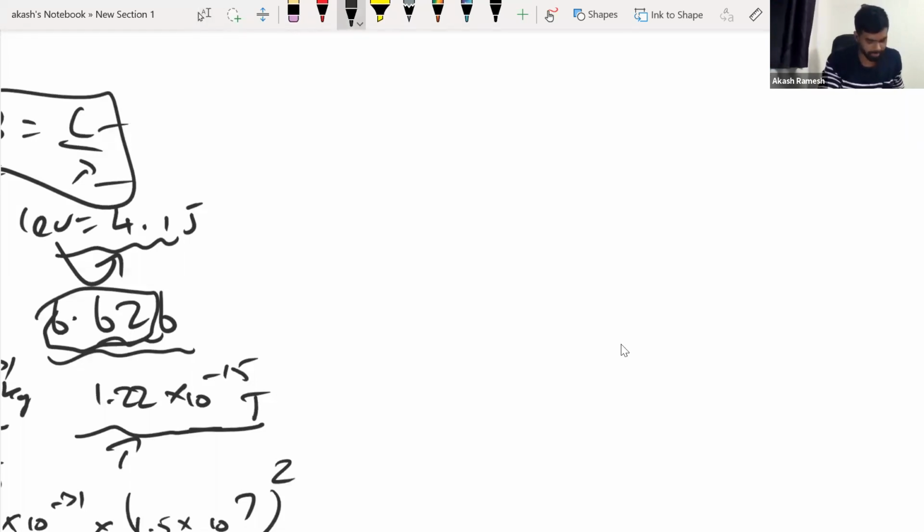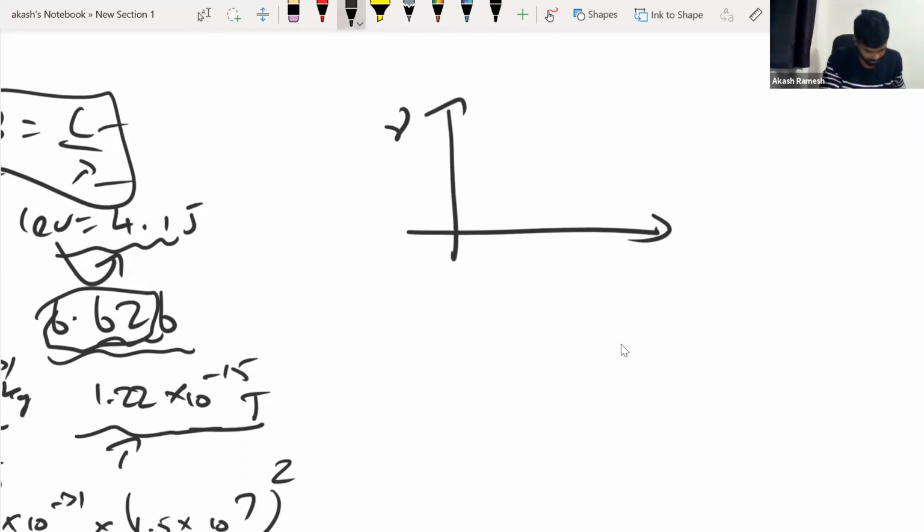So this graph is given to you. The graph is between kinetic energy divided by h on the y-axis, and frequency on the x-axis. There is this point A, and from this point I'm going to get a straight line.